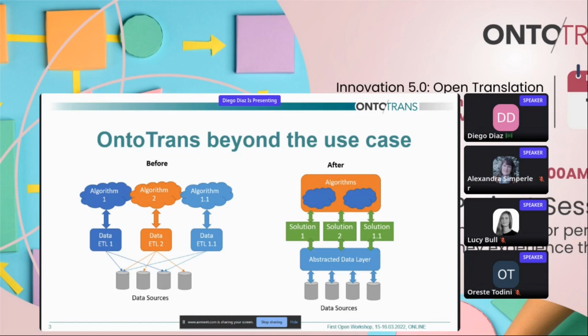We can expect the same thing at the level of the algorithms, and that applies to the ones that we can develop, and we can make them more generic, since it will be much easier to connect to the information and the data, but also to potentially external providers of algorithms.